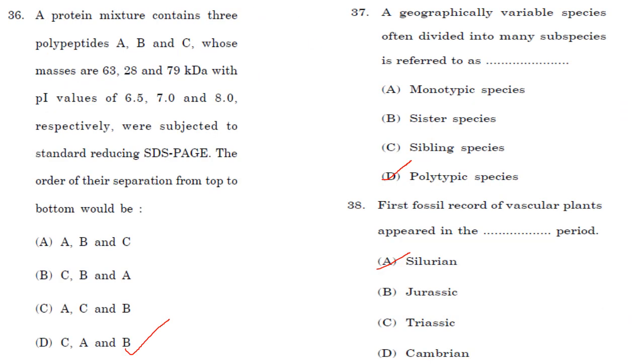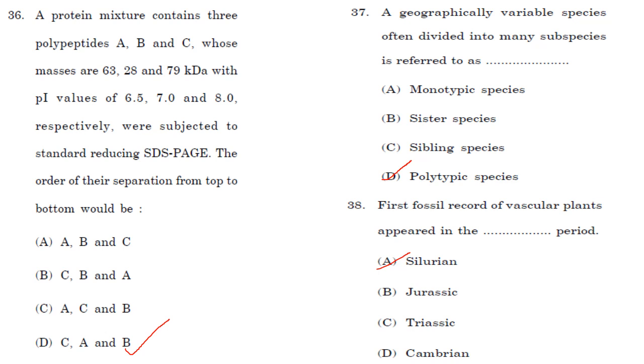Then next one. A protein mixture contains 3 polypeptides A, B and C, whose masses are 63, 28, 79 kDa with pI values 6, 5.7 and 8, were subjected to standard reducing SDS-PAGE. The order of their separation from top to bottom would be. Now SDS-PAGE doesn't take pI values into consideration.